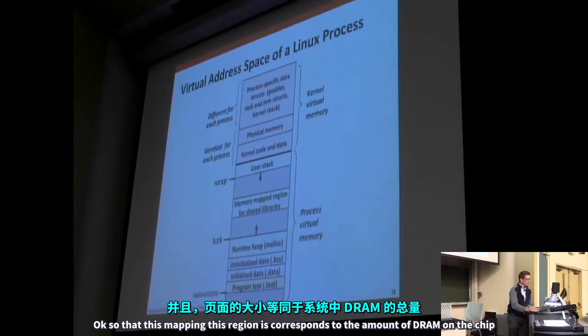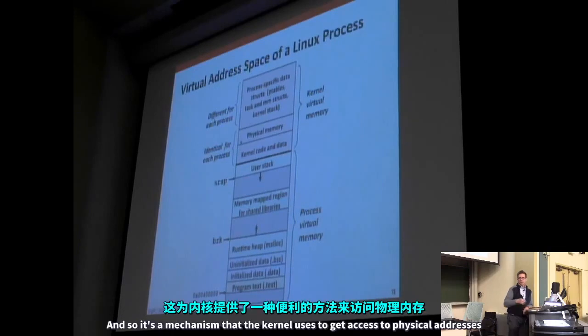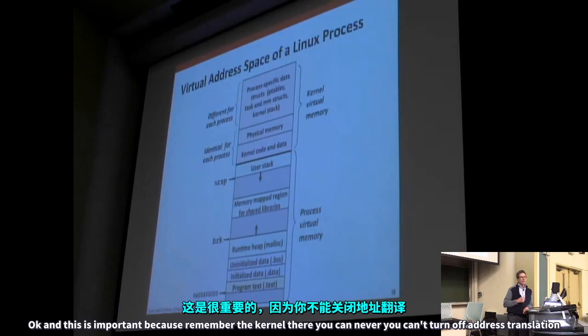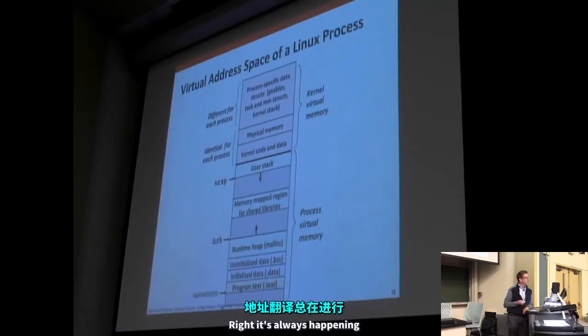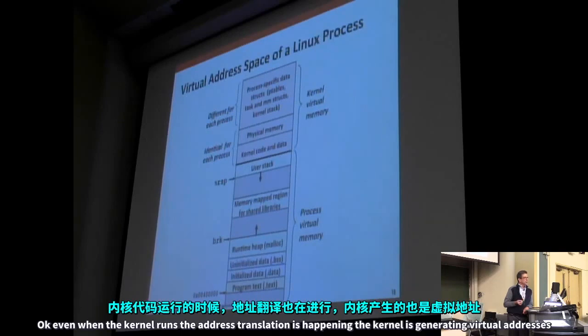This region corresponds to the amount of DRAM on the chip. It's a mechanism that the kernel uses to get access to physical addresses. This is important because, remember, you can't turn off address translation. It's always happening.